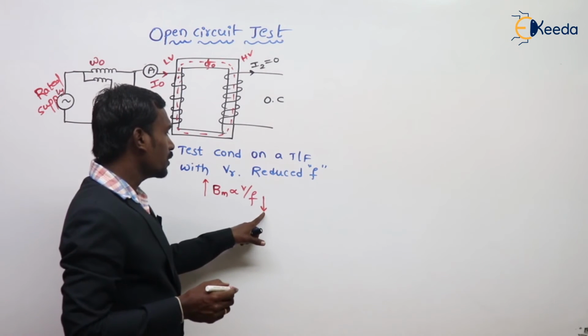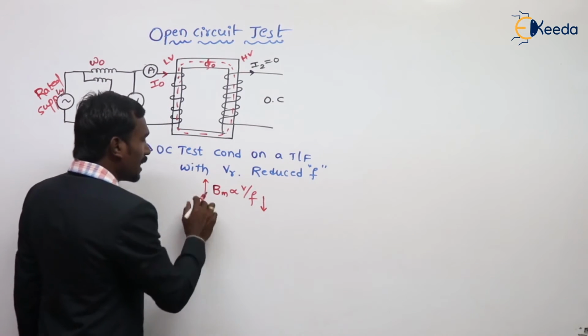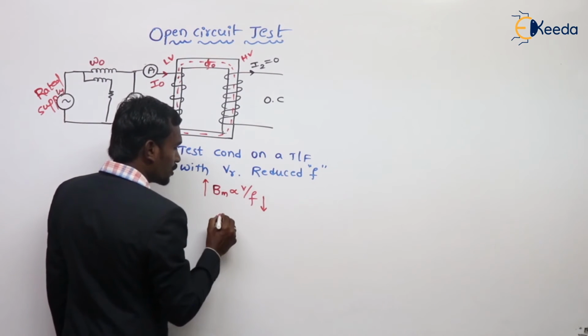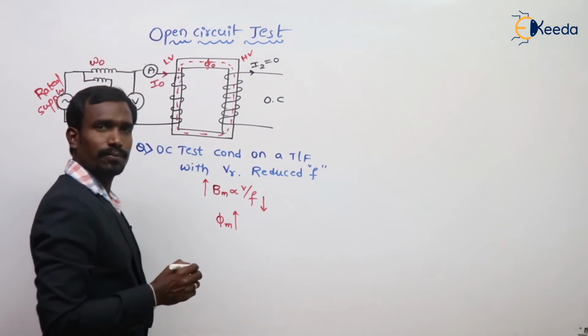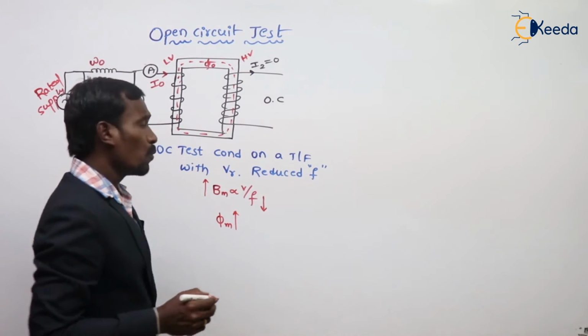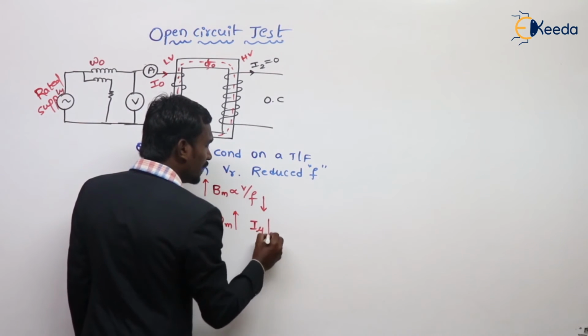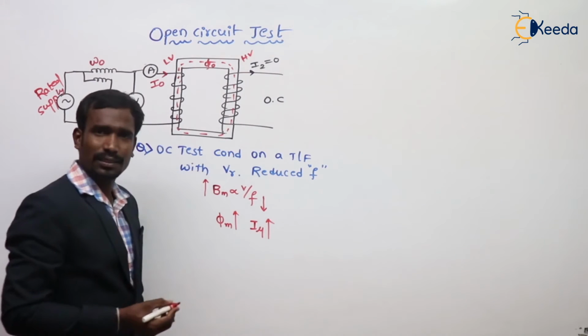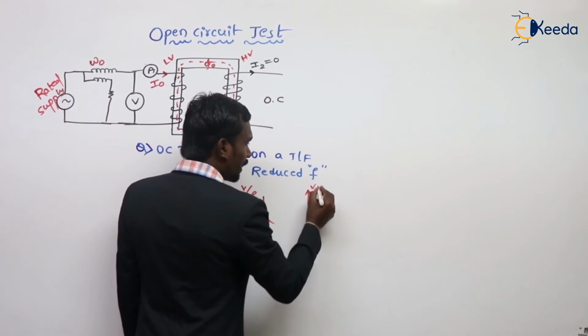When flux density increases, automatically flux also increases. When flux increases, automatically I mu increases. Yes or no? Automatically I mu increases.